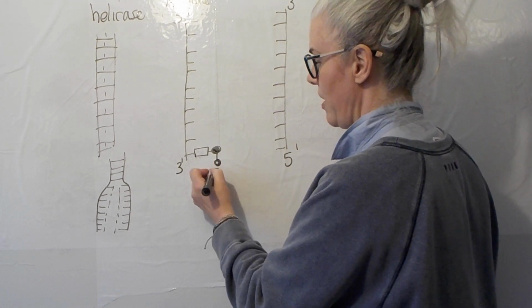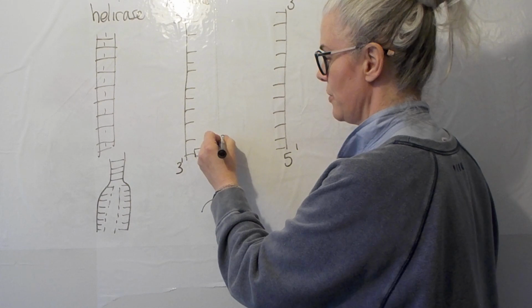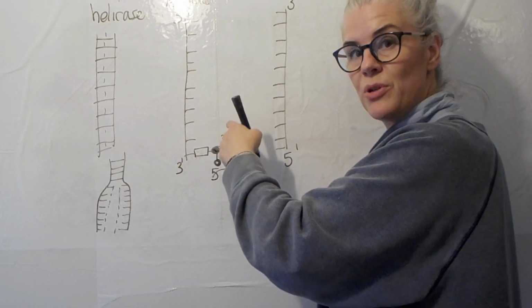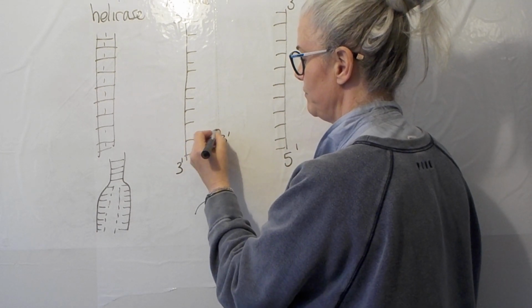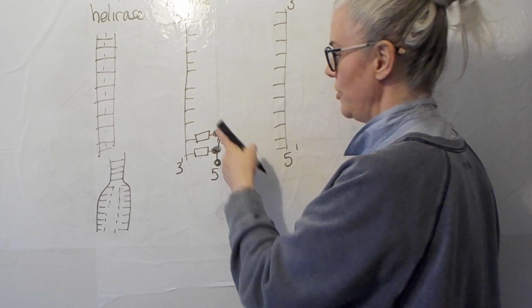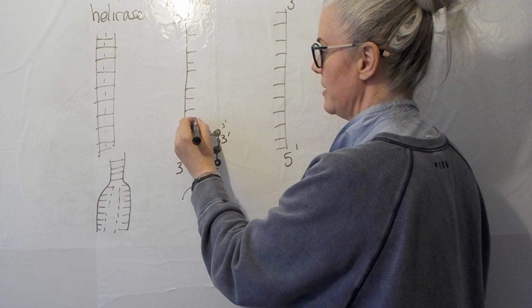So that's the 5' end. So if that's the 5' end, this is the 3' end of this particular nucleotide. So that means DNA polymerase can add in the next one. So you get the next nucleotide, and again there's the 3' there, so you can add in the next one.